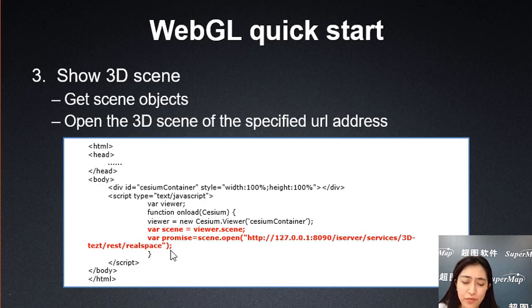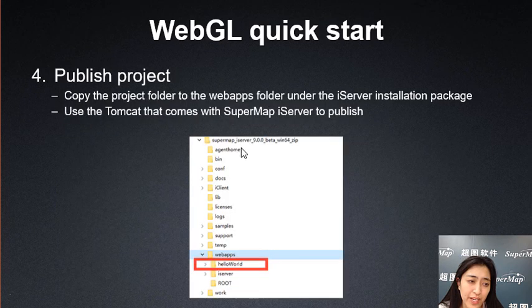And after we write the code, we need to put this folder in the web apps directory after saving, and then we can publish it through the Tomcat that comes with iServer. Then after starting iServer successfully, you can pass the corresponding address.